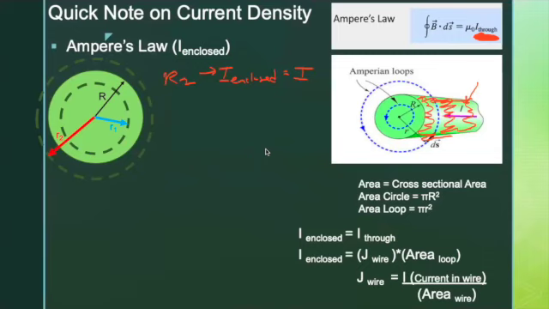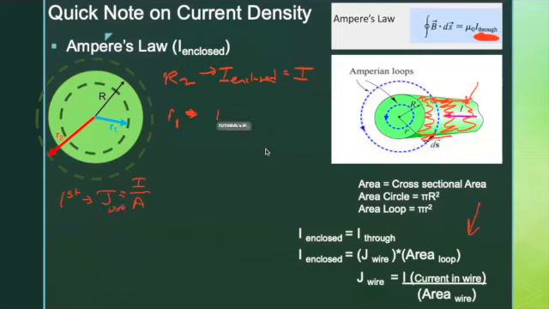Where sometimes students run into confusion is when we're inside the wire. The reason for that is because we're using the same formula twice, but it's different, and I've highlighted those differences down here. So first, we need to find the current density J, which is equal to I over A. And personally, this is something that confused me.